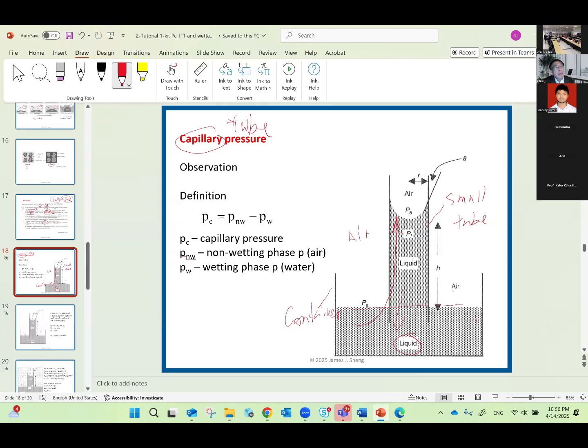Some people may have had such an experience: when you put a small needle in water, the water will climb into the small needle or small tube.